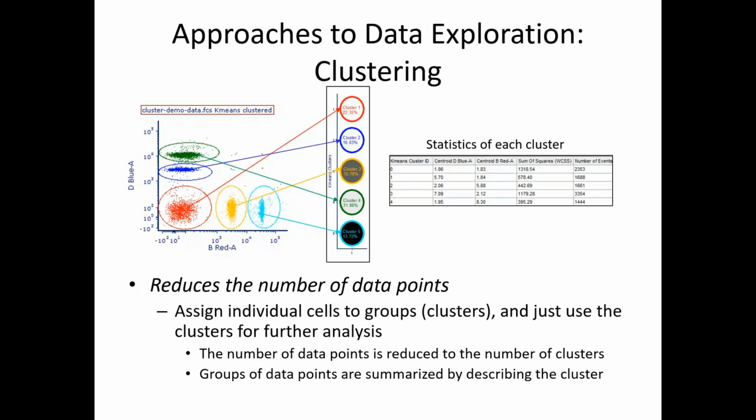Clustering data has challenges that we're going to talk about later, but the concept is to reduce the number of data points I'm working with. I'm not working with 1 million data points anymore; from now on, I'm working with 5. Then you can look at statistics about those individual clusters.